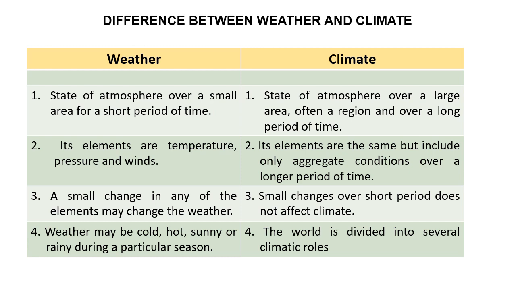A small change in any of the elements may change the weather. Small changes over a short period do not affect climate. Any small change, a day's change, or suppose a depression happens because of such changes, it doesn't matter for climate, because climate is about a long period of time.